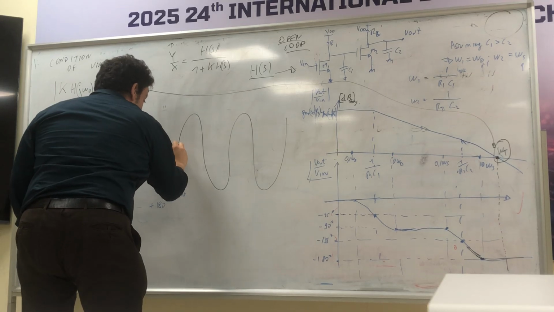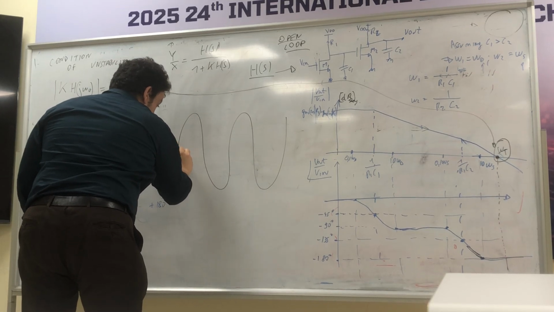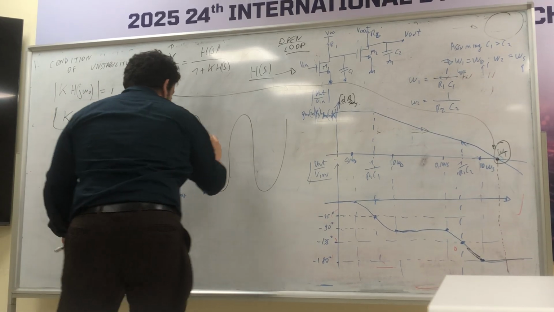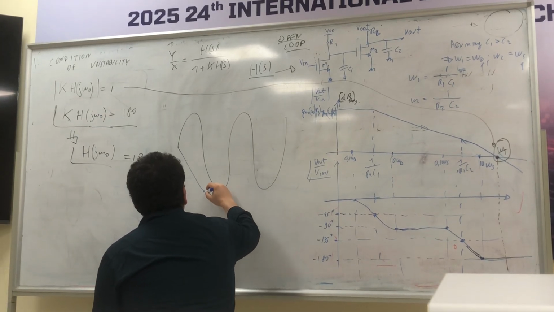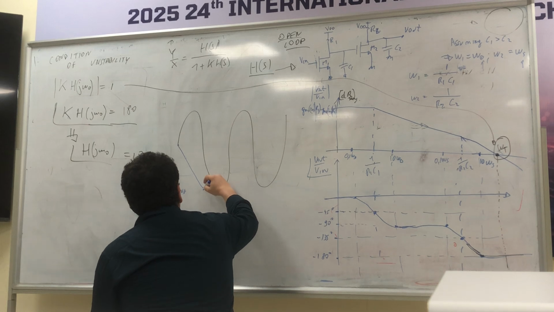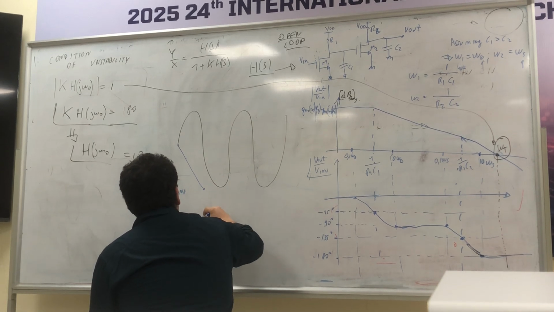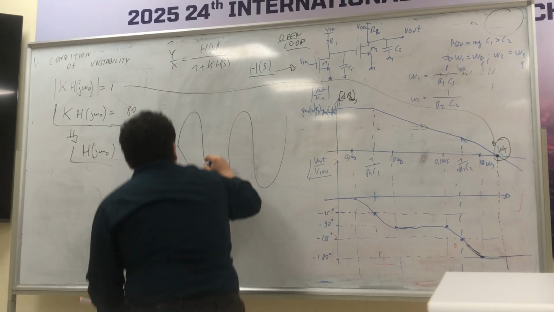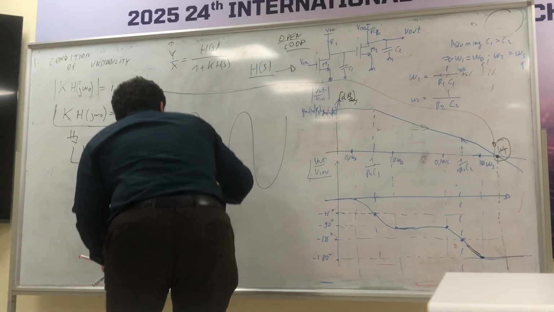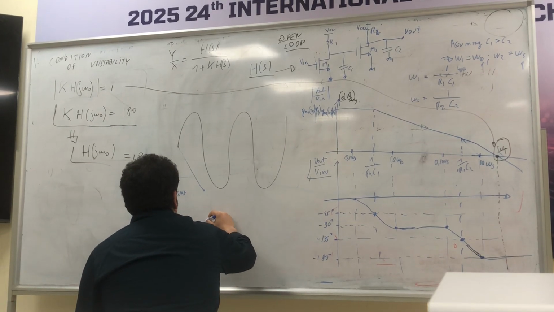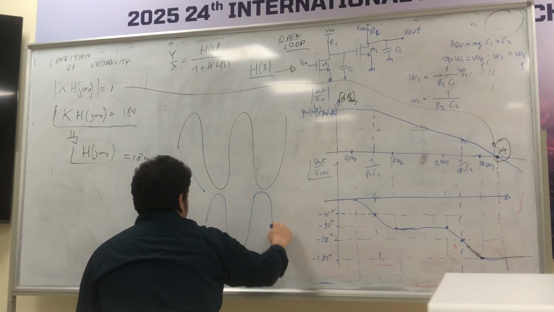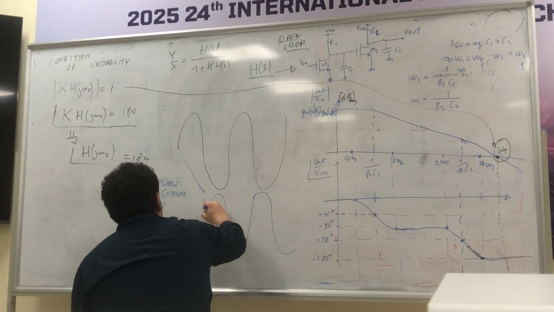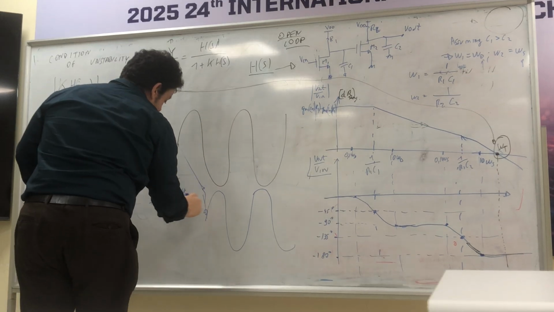Plus 180 means that this point was here, and so on and so forth. So actually what I have with a shifting of 180 is kind of having this. Okay? Shifting of 180.